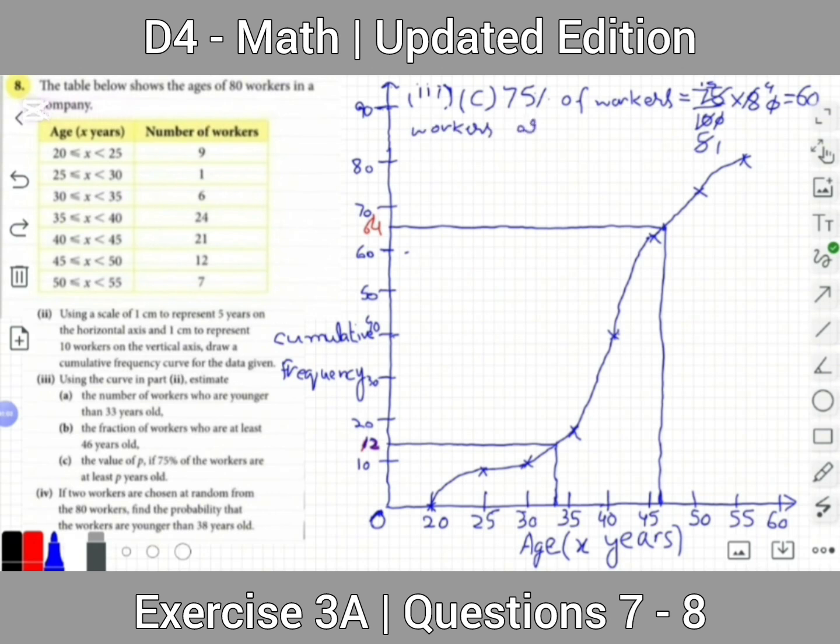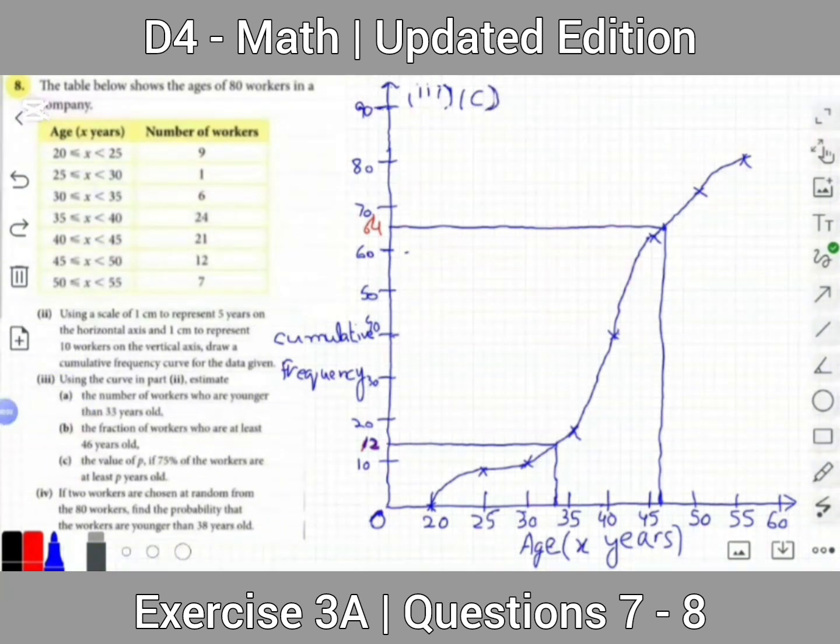are at least P years old. Since we have found out the number of workers that are at least P years old, but we have to find out the number of workers that are less than P years old, just because there is no information given about the number of workers who are less than P years old in the question.